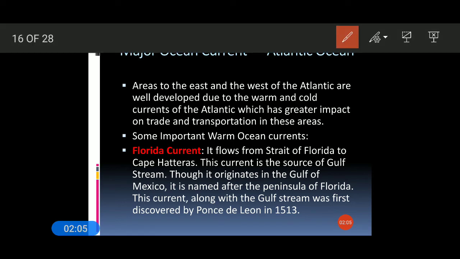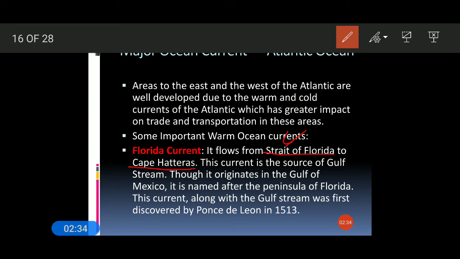Florida current flows from the Strait of Florida to the Cape Hatteras. Now a strait is simply a narrow channel of water that separates two land masses. So from the Strait of Florida to Cape Hatteras, the Florida current flows.